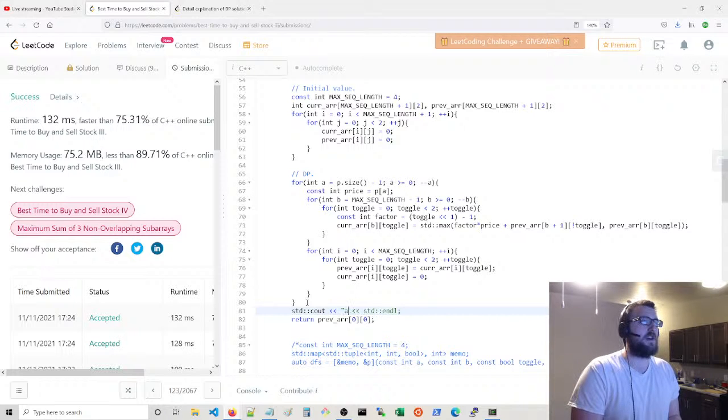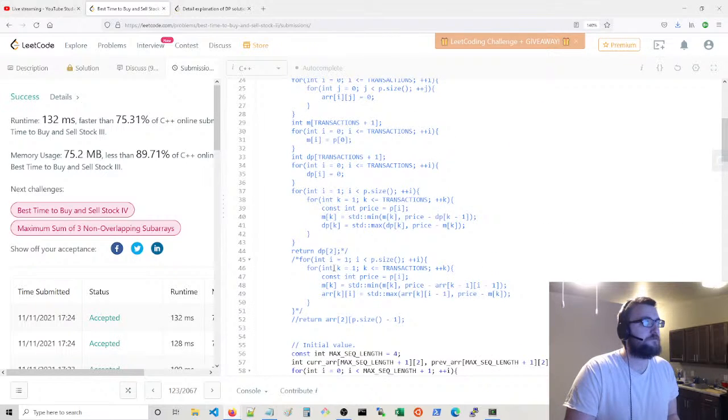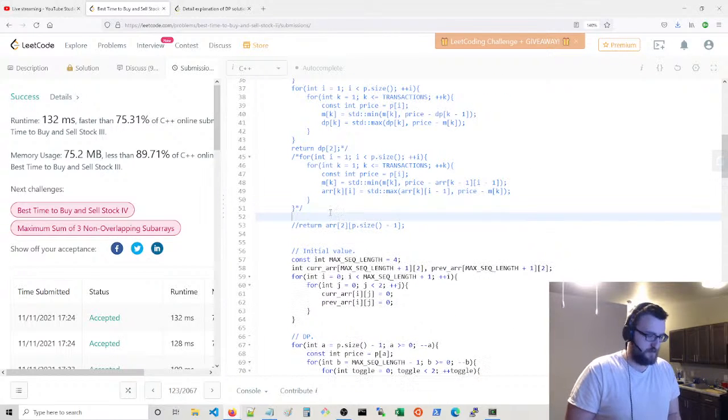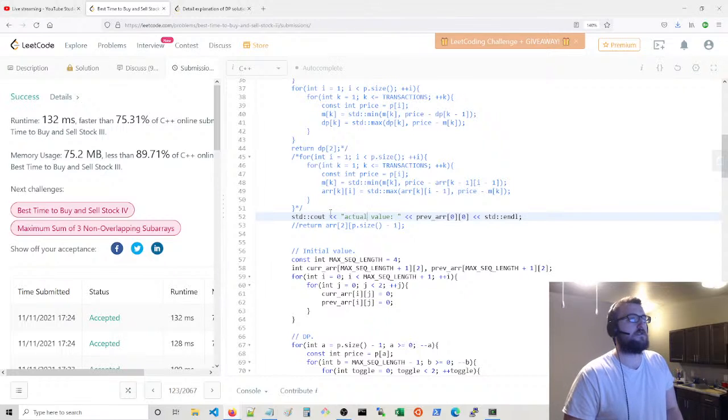So actual value, right? Actual value, and we're going to say incorrect value. Potential value.